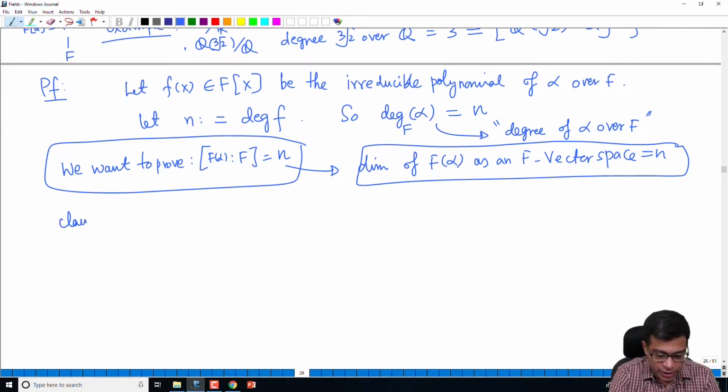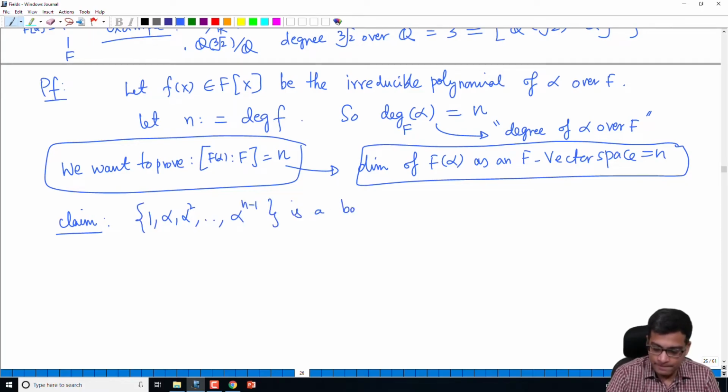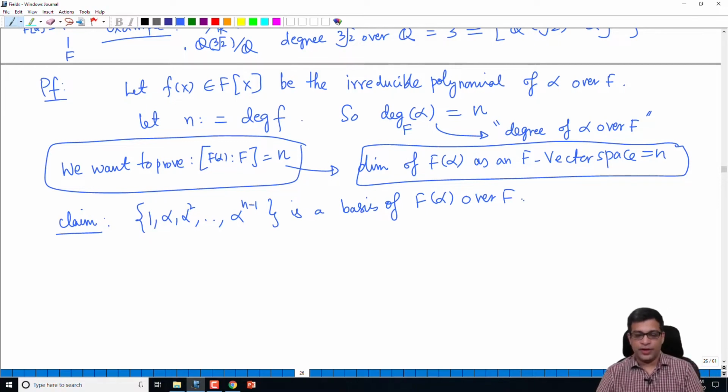Basically I will directly exhibit a basis. So I claim that the set 1, alpha, alpha squared, up to alpha to the n minus 1, is a basis of F(alpha) over F.